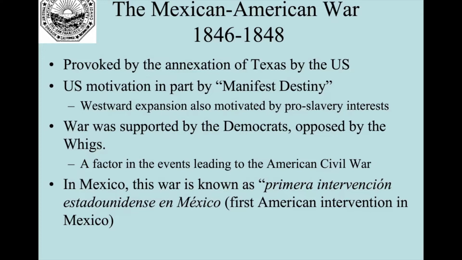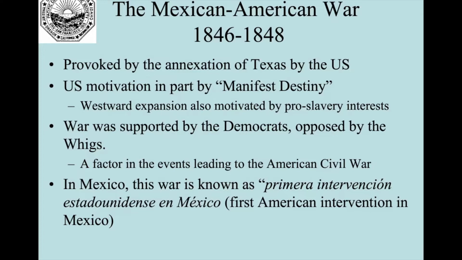This idea of manifest destiny, which I do remember learning in high school, was basically that the United States would go all the way from the Atlantic to the Pacific. But that wasn't the only thing. There also was the issue of slavery, of course, in the 1840s, and the Western expansion was motivated by some who had pro-slavery interests, and so adding slave states and free states made it complicated.